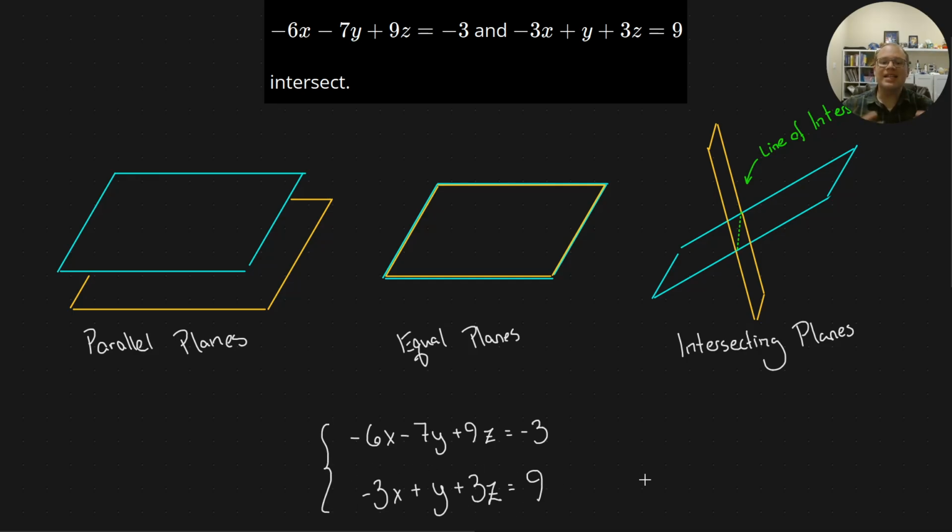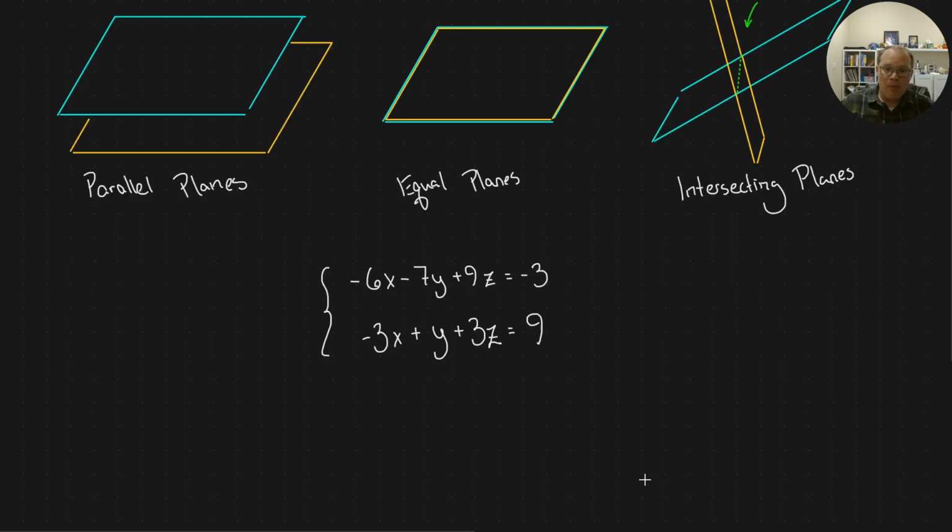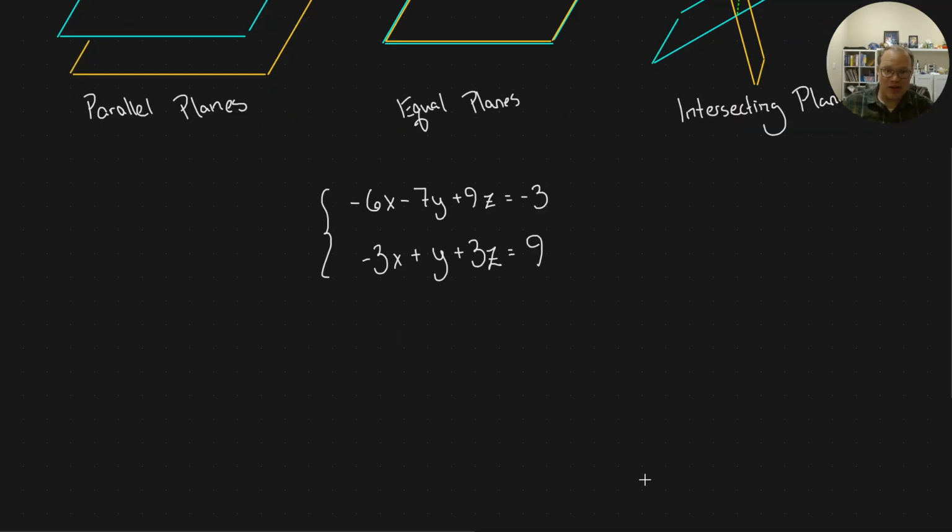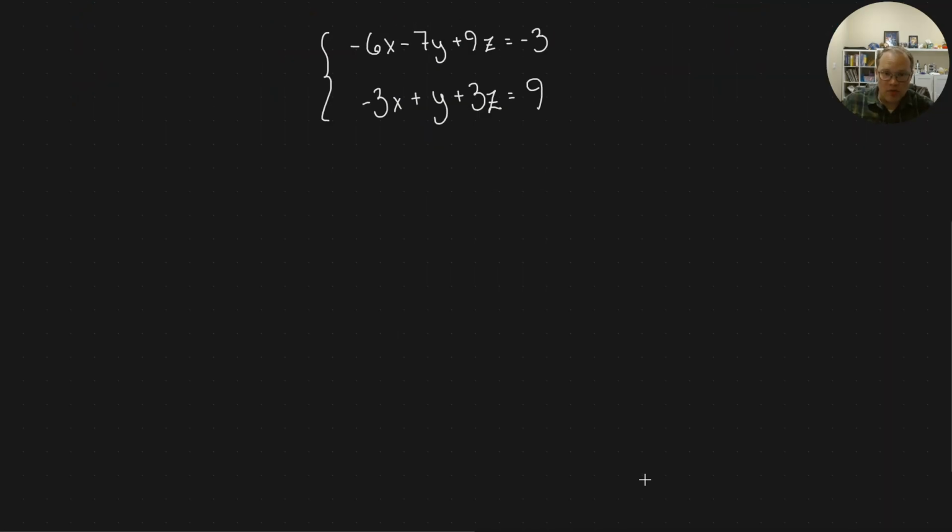So what we get is a system of equations. We want all the x, y, z points that satisfy both these equations at the same time. Okay, so we want to get a little bit more information about how both these equations can be satisfied at the same time. We want to work to solve the system.